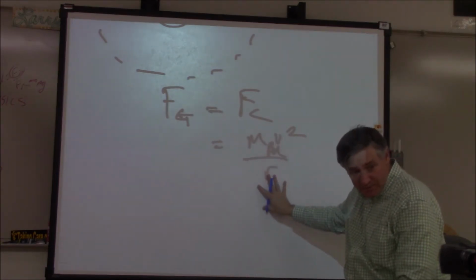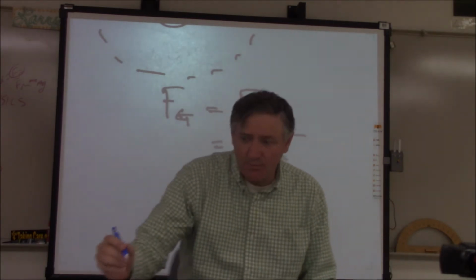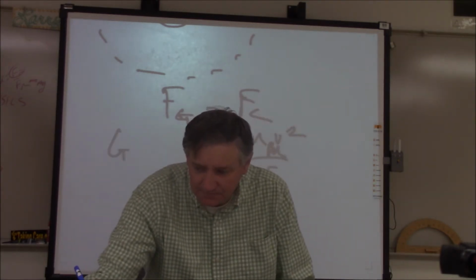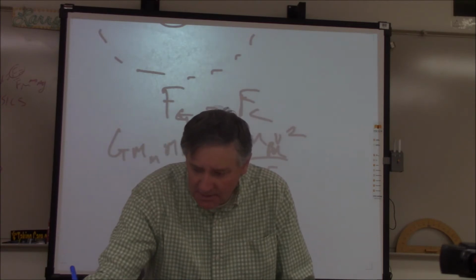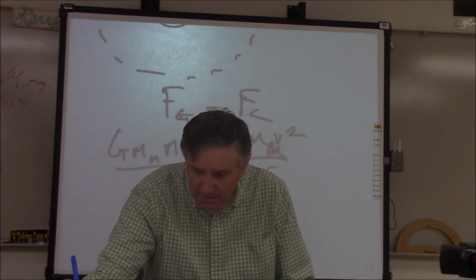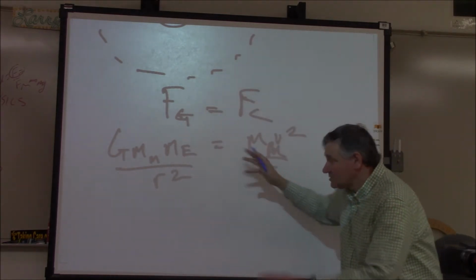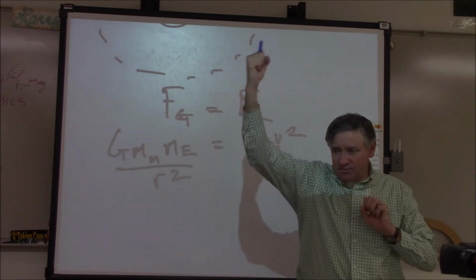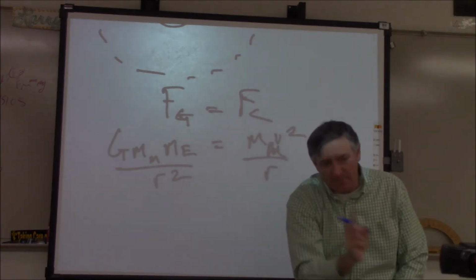This is what we can find right here. Now, that has to equal big G times the mass of Maddie times the mass of the Earth divided by r squared. So these two things are equivalent. So that gravitational attraction between Maddie and the Earth is what's creating the centripetal force to keep her moving.